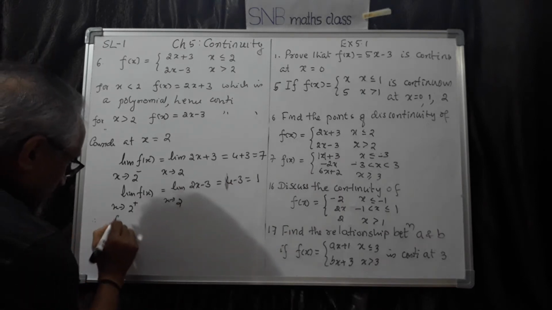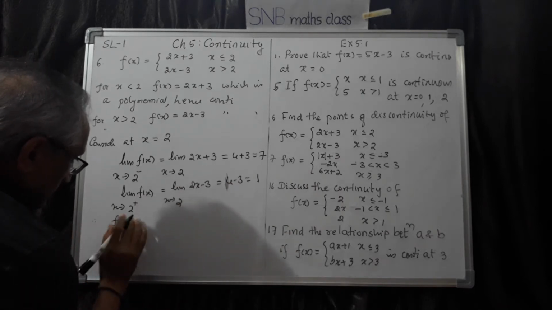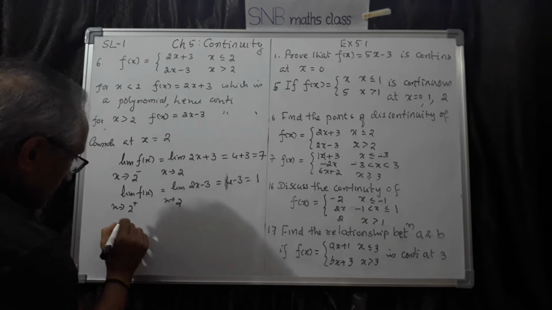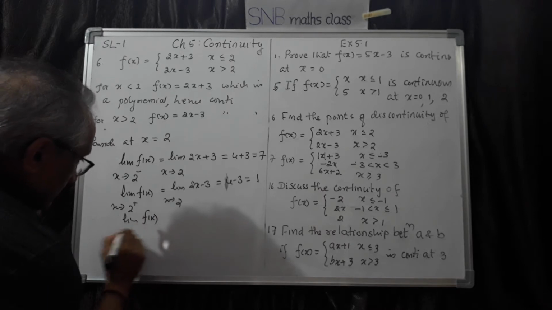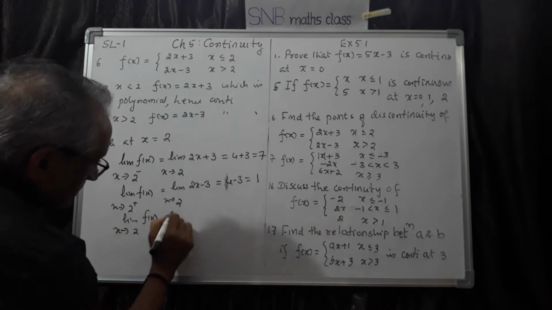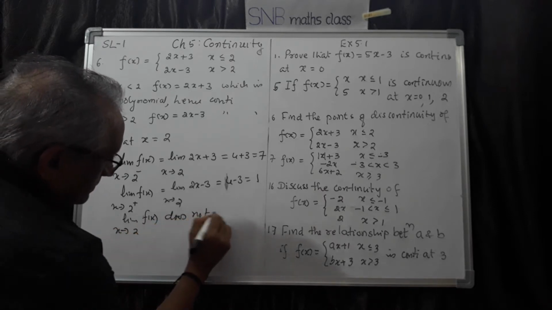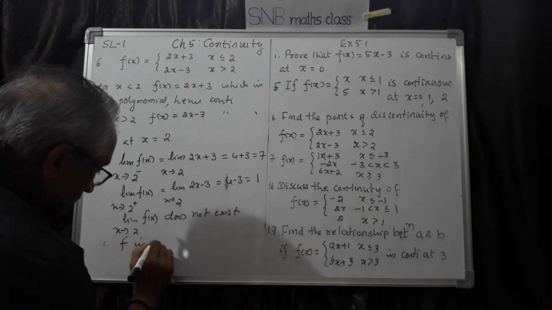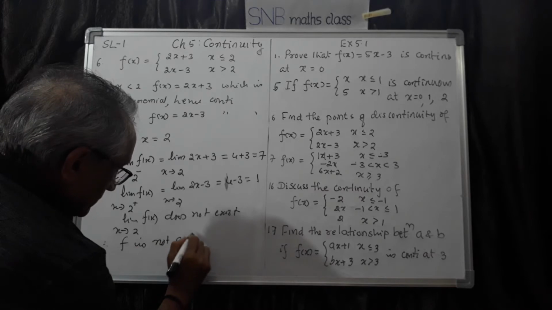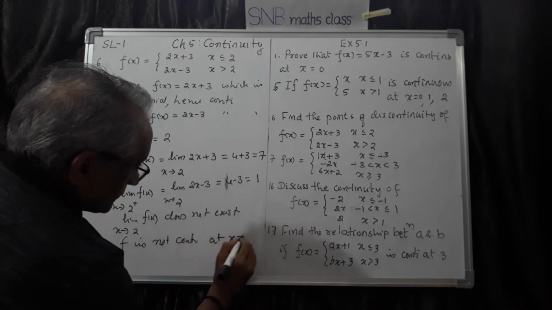Therefore, the function has no limit. You can write this way: the limit of f of x as x tends to 2 does not exist. Therefore, f is not continuous at x equal to 2.